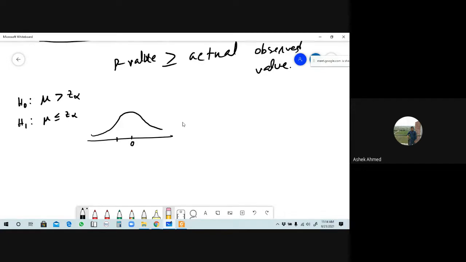If we denote this as z suffix alpha, then mu less than or equal to alpha will be this term. In this region, which is satisfied, the null hypothesis or the alternate hypothesis here? Tell me, which of these two will be satisfied here, the null or the alternative hypothesis?